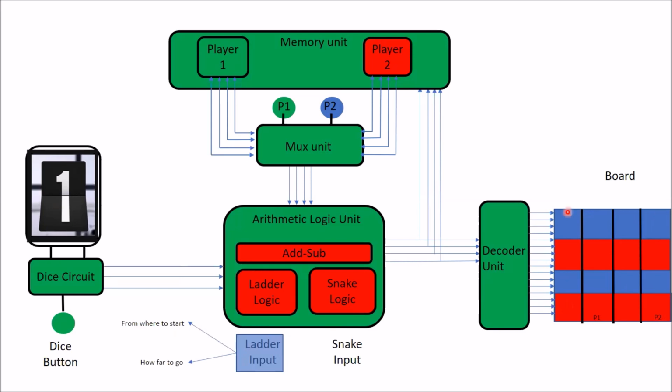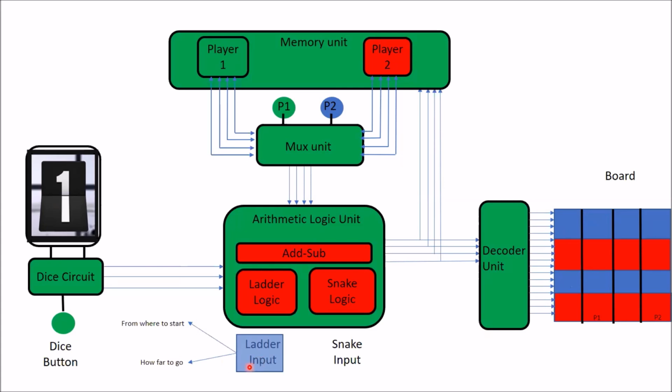We cannot start a ladder here, and we cannot start a snake here because that is the beginning. So we exclude these. So what you need here is a start point and an end point. The end point is how far you want to go.